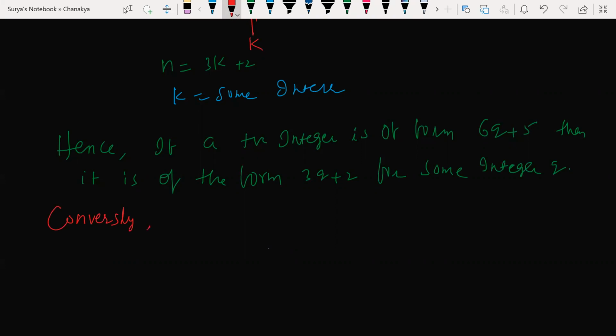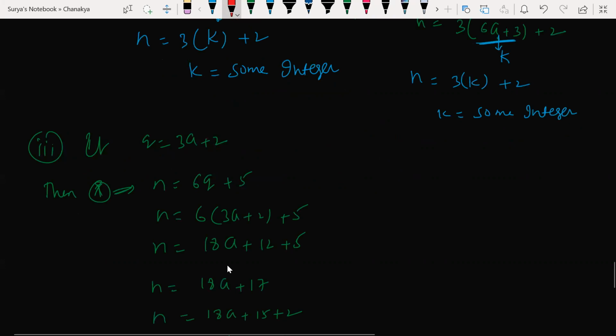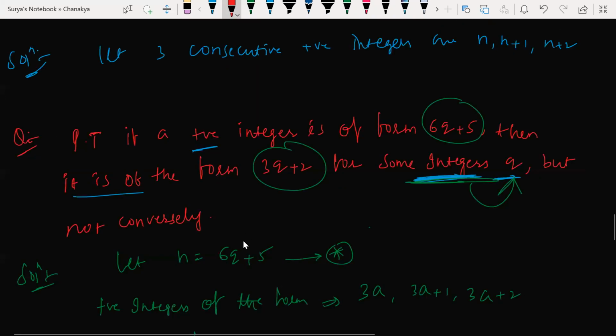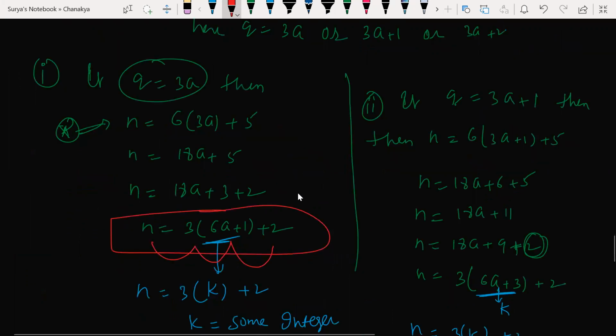Conversely, look at this. Now, what can we take, beta? The n value given to you is 3q plus 2, right?